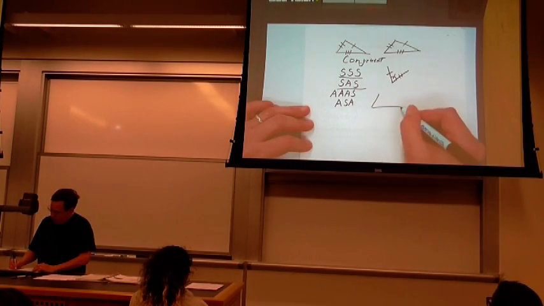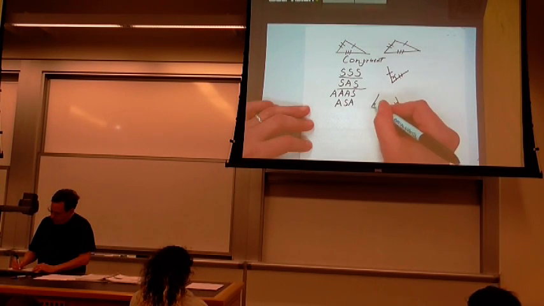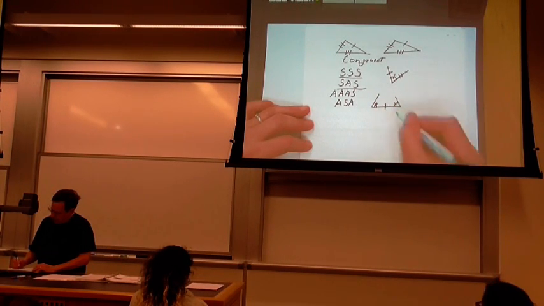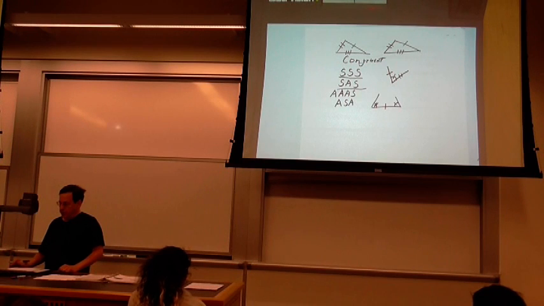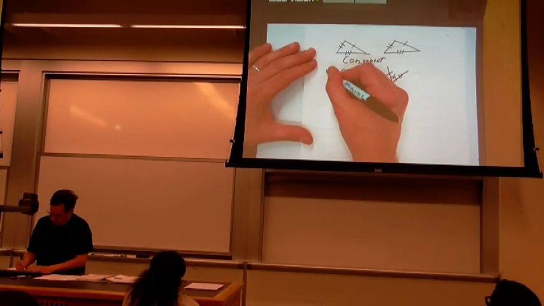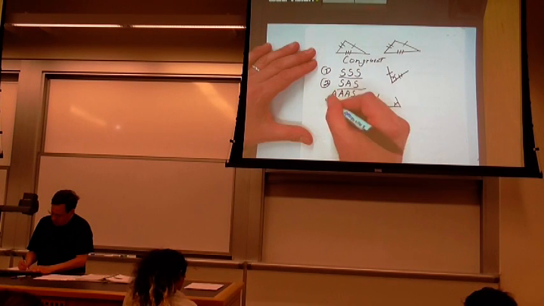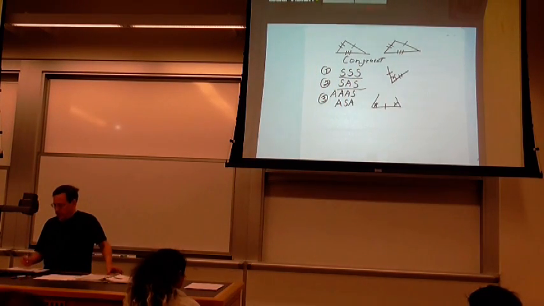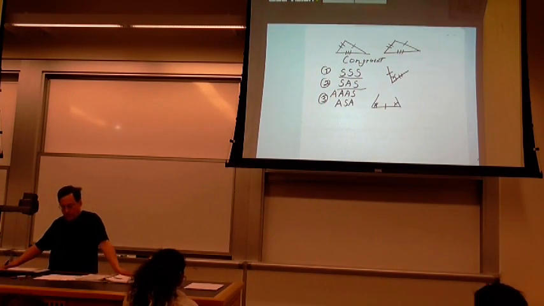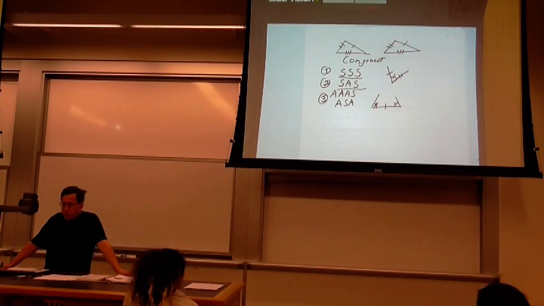So if I have two angles, angle 1 and angle 2, and a side, we have a third congruency. All right, so that's number 1, number 2, number 3. We're still missing something here. 3 angles?